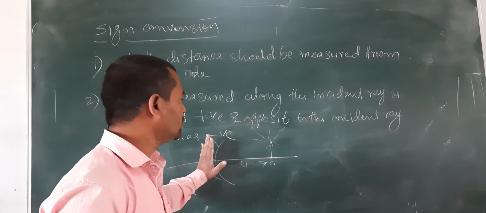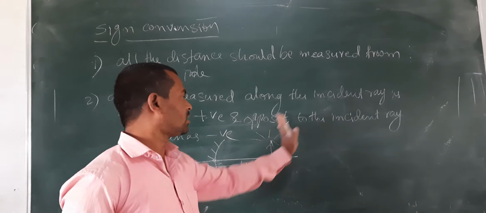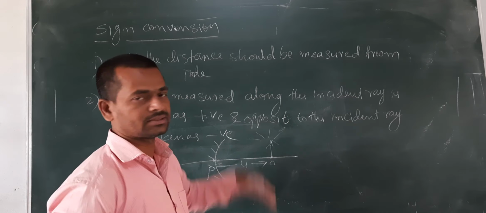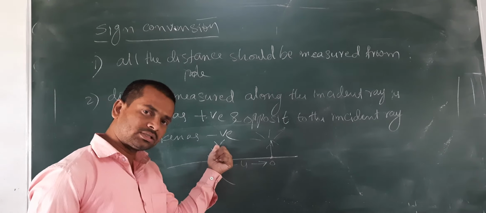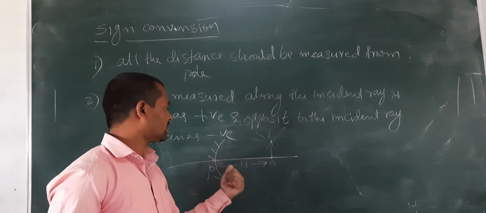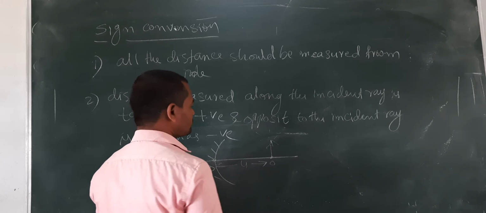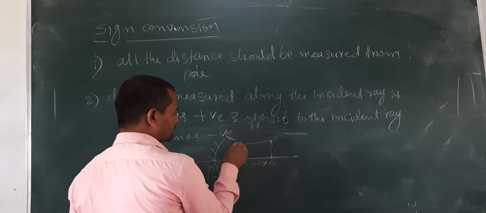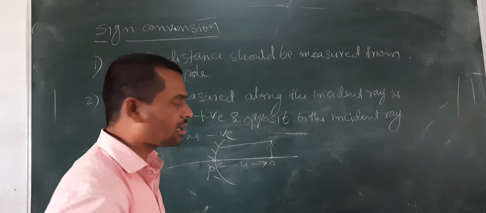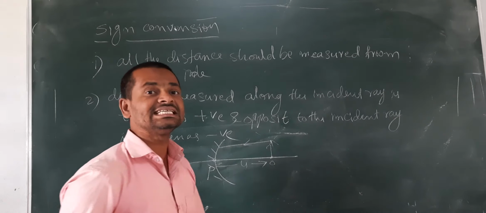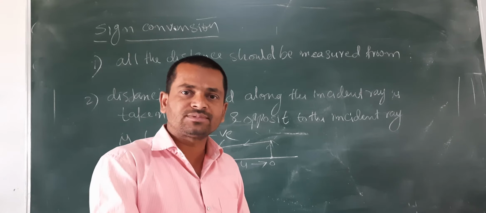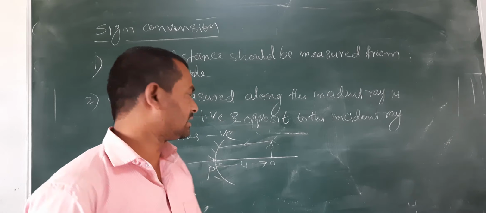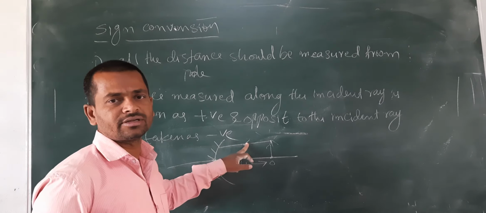We don't want the rays moving in the other directions. These rays, which come from the source or object, are called incident rays.